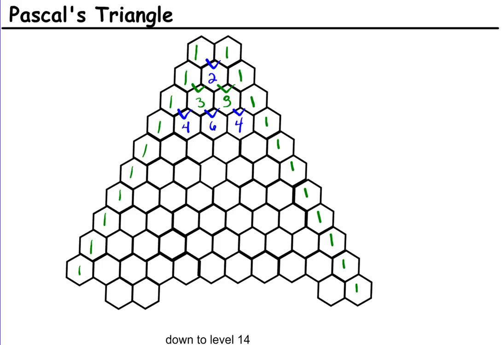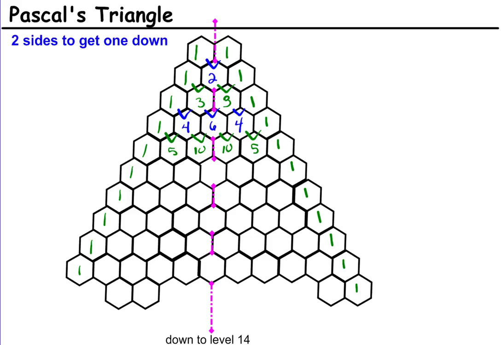So the next level here would be 5, 10, 10, 5. And what I want you to notice is that we have a line of symmetry going up and down through my Pascal's triangle. And the clue is you add the two sides to get the one down.